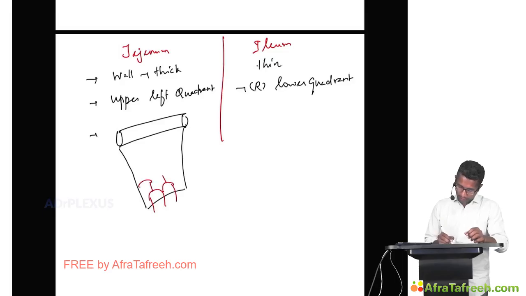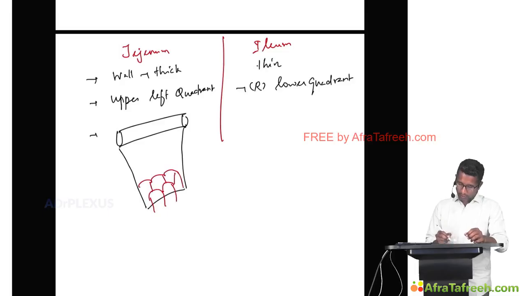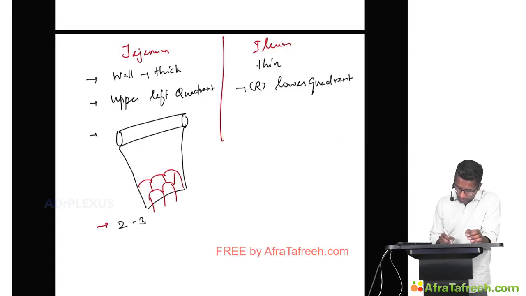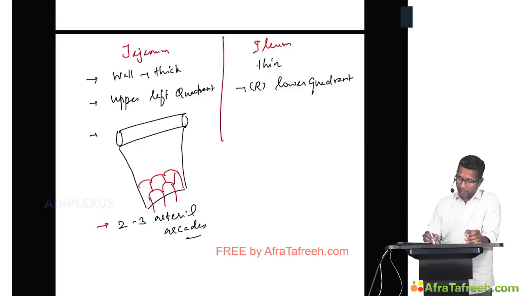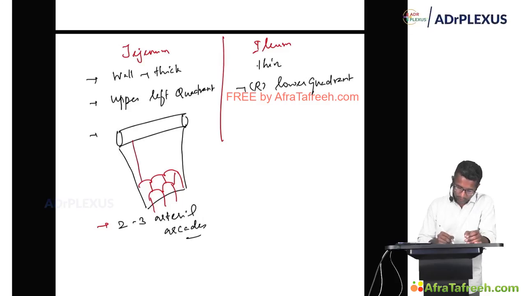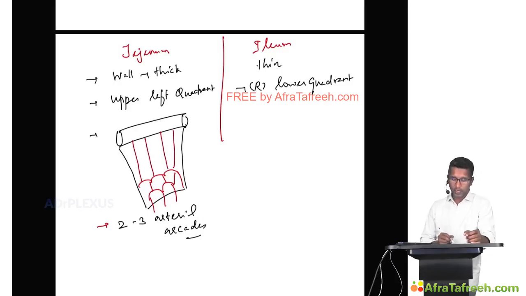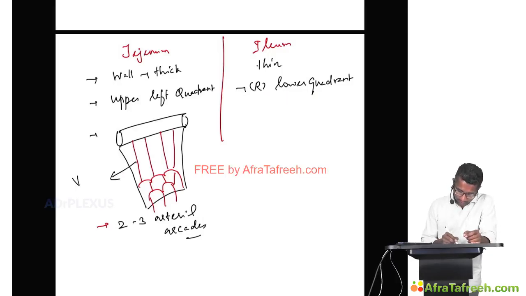Here the arterial arcades are fewer, maybe you will see only 2 to 3 arterial arcades, and from these arcades you get vessels which supply the jejunum. These vessels are called vasa recta.